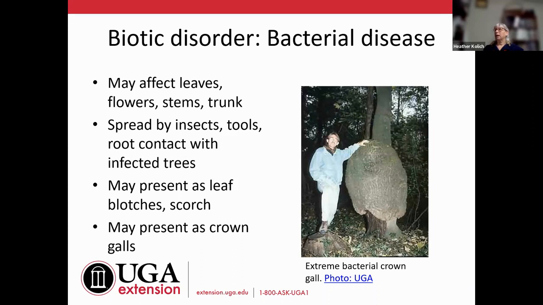We may see them as a leaf blotch or a leaf scorch, or as things like this crown gall. Preventing the crown galls, you've got to start with healthy tree material, healthy plants that are not infected. Sanitation and planting resistant varieties are also going to be important for that.